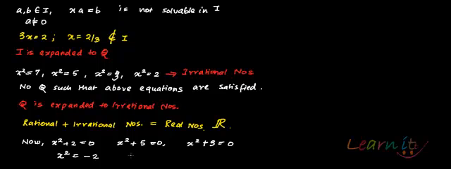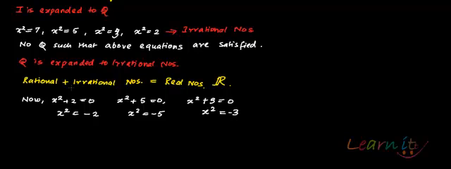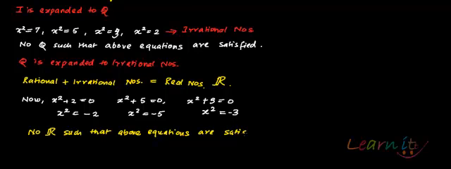These will give you x square is equal to minus 2, x square is equal to minus 5, x square is equal to minus 3, and so on. You cannot find any real number whose square is negative. So there is no real number such that the above equations are satisfied.